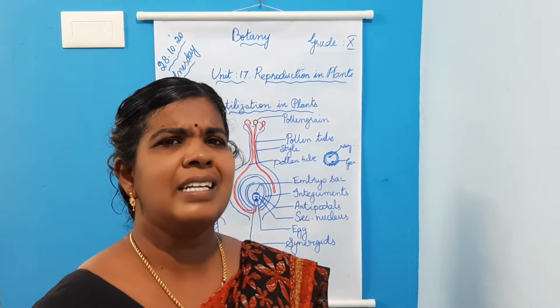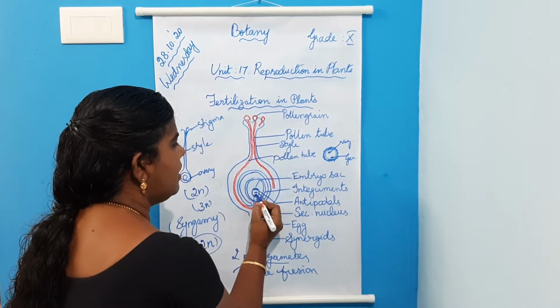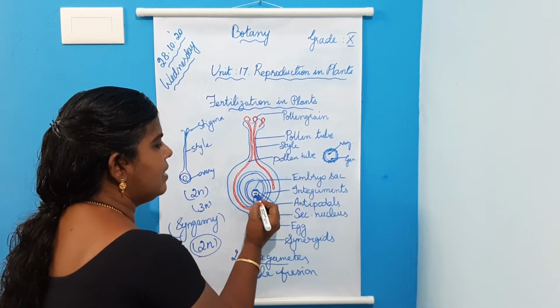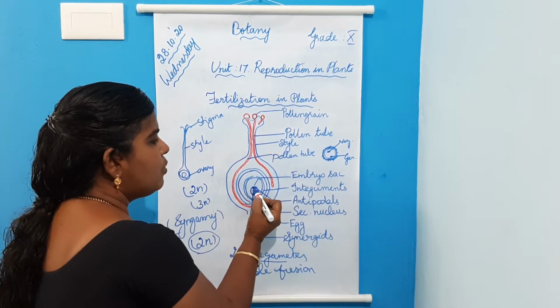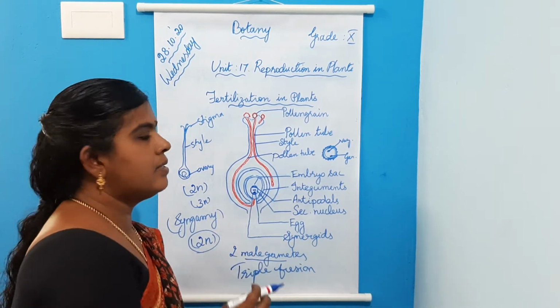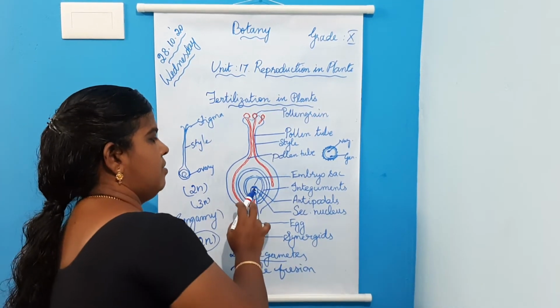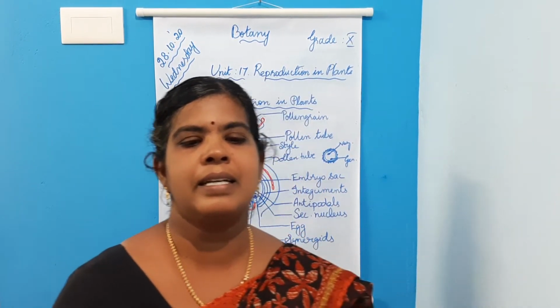Then, later, the synergids. What are synergids? At the sides of the egg, two cells are there. These are synergids. What are antipodals? The cells opposite to the micropylar end are called antipodals. Later these cells degenerate.